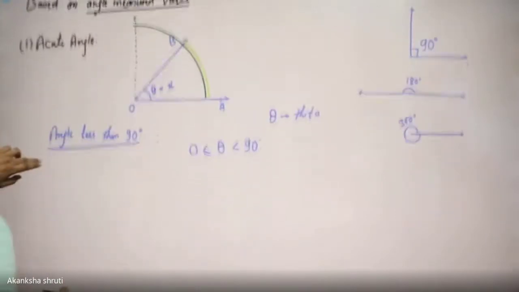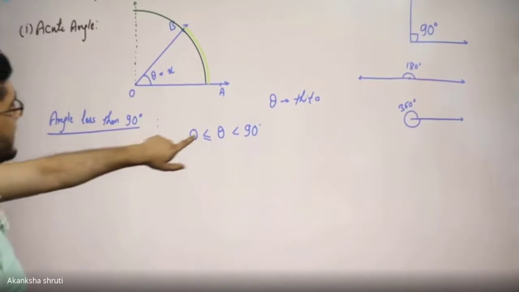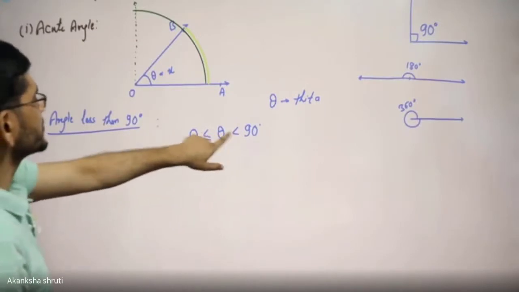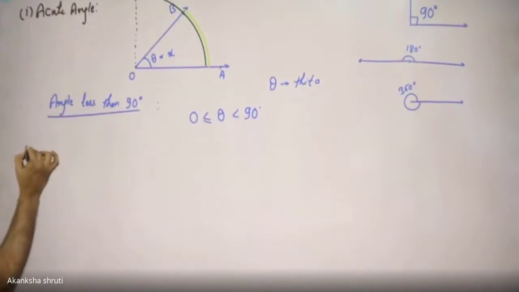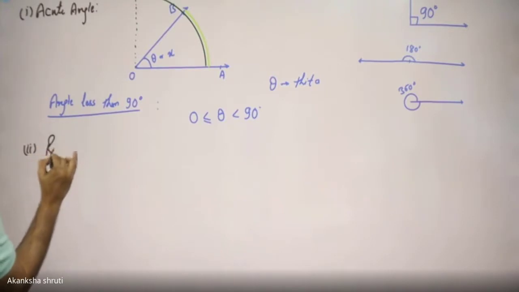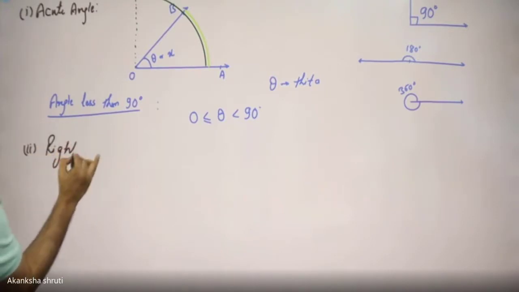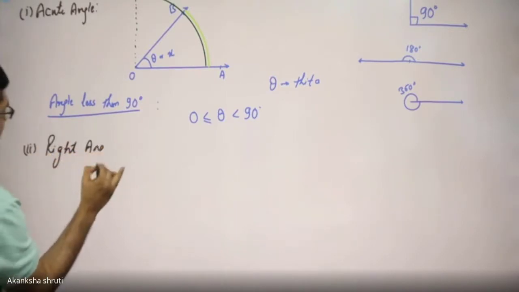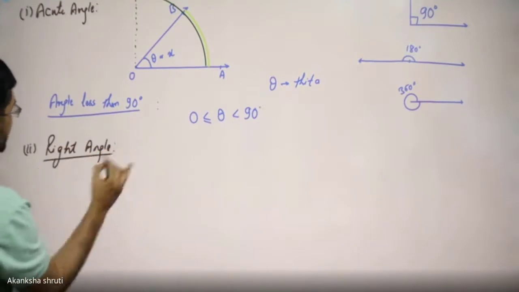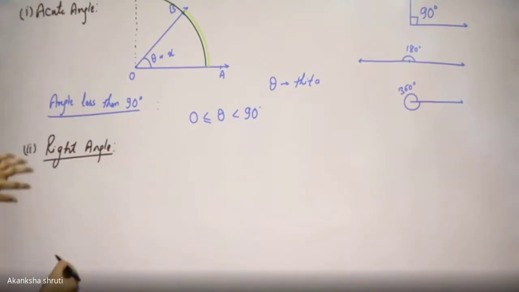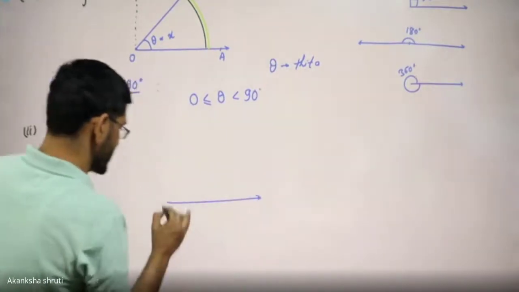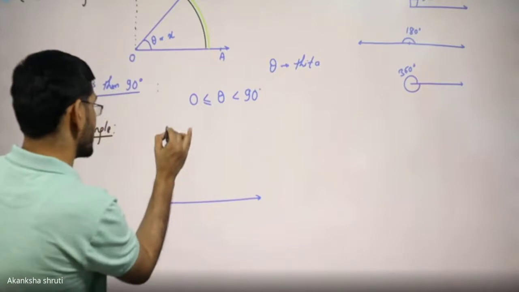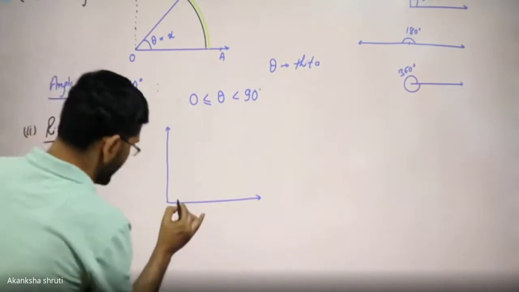So simply acute angle means the angle whose measurement is less than 90 degree. If this angle becomes exactly 90 degree, then it is called a right angle. Students, right angle means one, if we consider horizontal, then the other will surely be vertical.